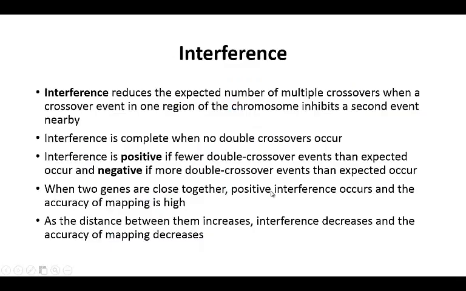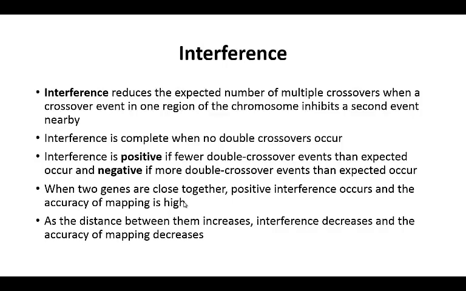So one of the ways we can measure this is through something called interference. Interference reduces the expected number of multiple crossovers, when you have a crossover event in one region of the chromosome inhibiting a second event that also happens to be nearby.